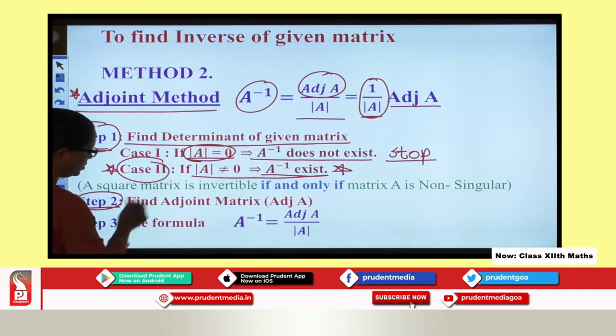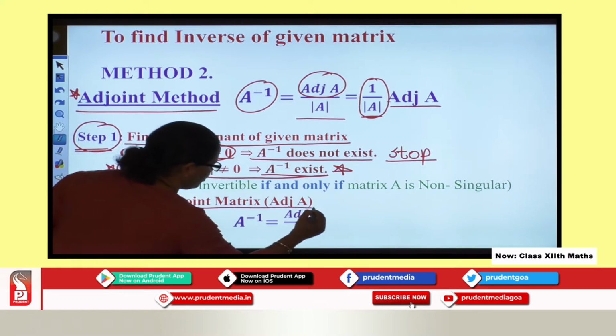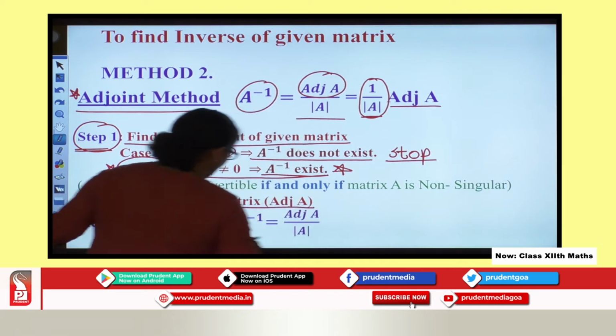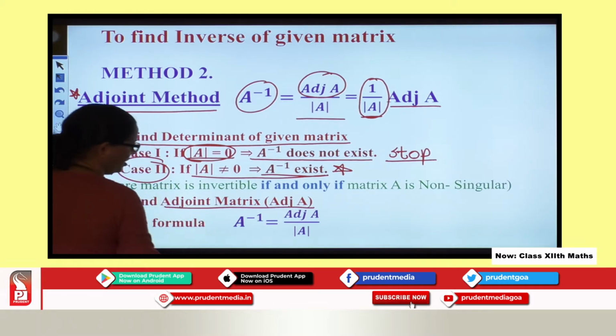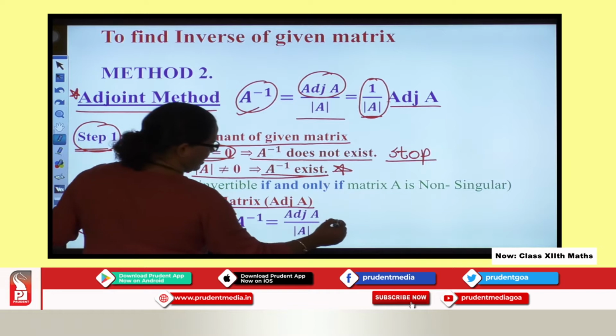So step 2 tells me to find the adjoint of the matrix. Now let us look at the third step. Once I get the adjoint of the matrix, I use the above-mentioned formula to get my work done.